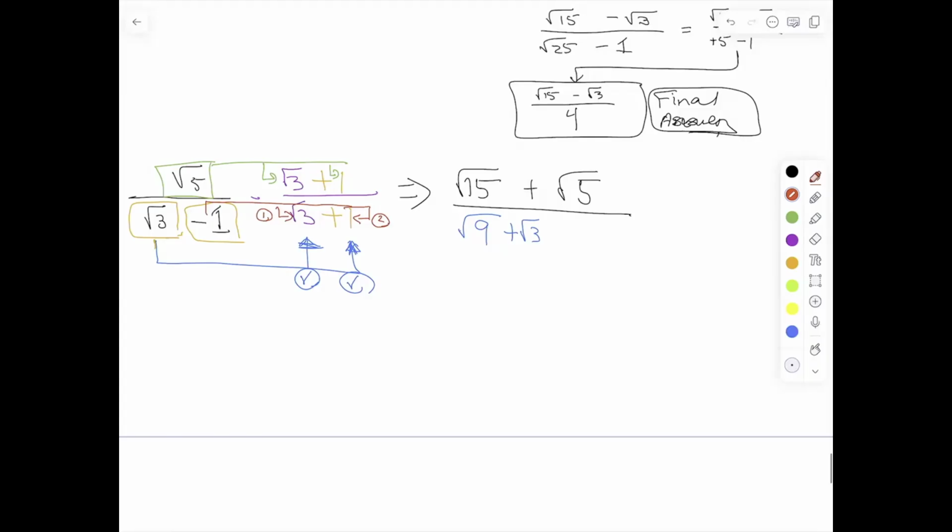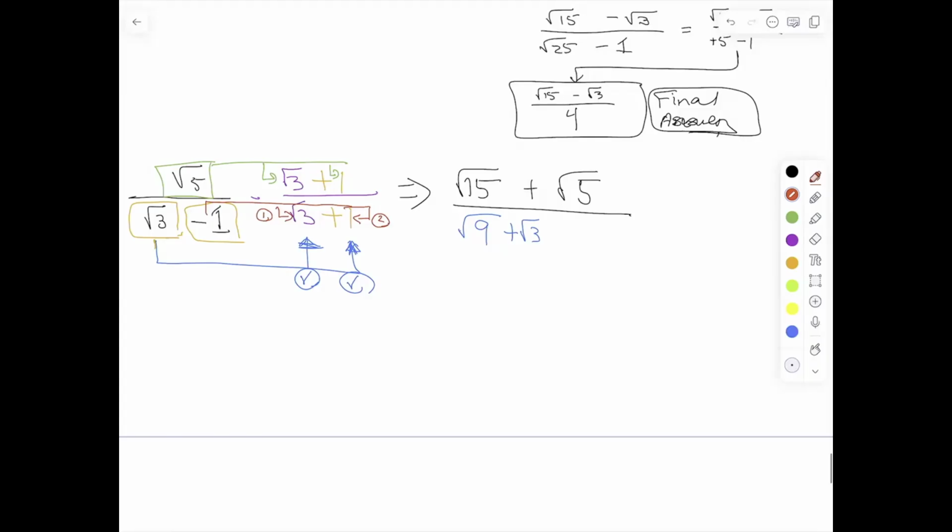So I have in the denominator square root of 9 minus 1, and in the numerator, I have square root of 15 plus square root of 5. Can I do anything with the numerator? Nope, I cannot.